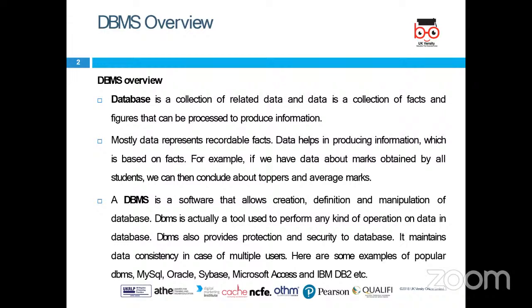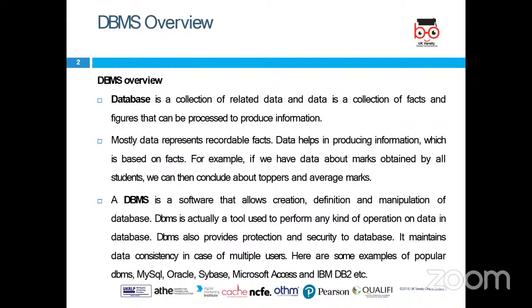So as you can see, mostly data represent recordable facts, and they help in producing information which is based on facts. So by having a database, we're now able to have multiple information, and for instance, we can have multiple entities in our DBMS.